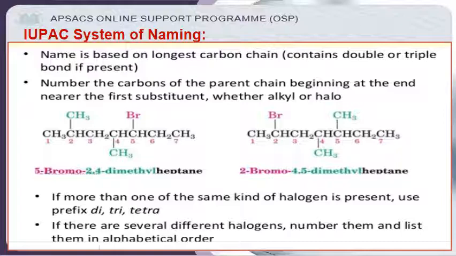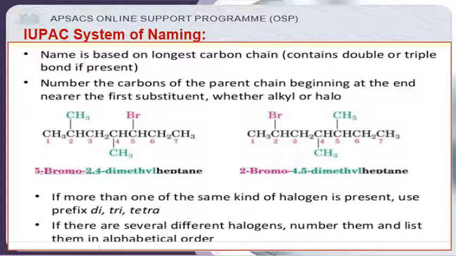So when we give the number according to the first rule and the second rule, we number the carbon of the parent chain beginning at the end that is near to the first substituent, either alkyl or halo group. Halo means halogen group. So on the fifth position bromo is present, and B is the alphabet which comes before D, so we can give the name bromo first.